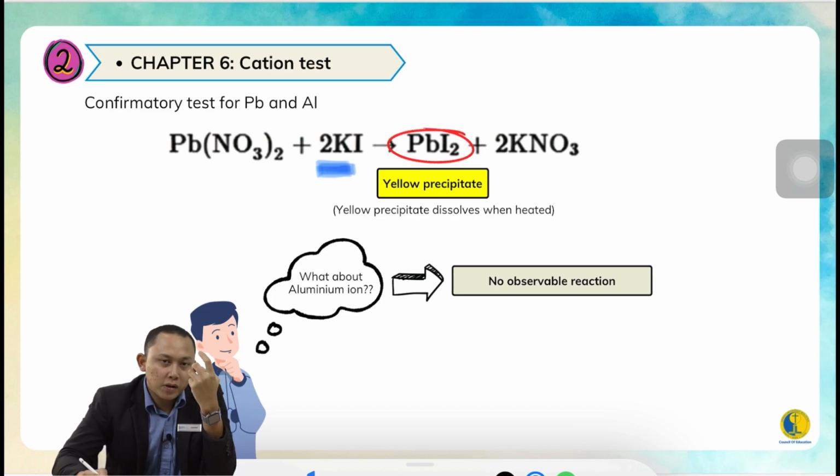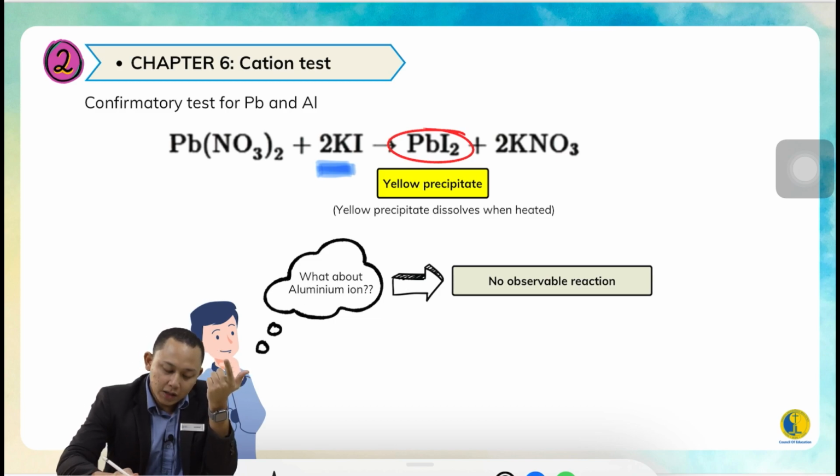Okay, so there is two observation that you can get from this test, which is, it's either you get the yellow precipitate or you get clear solution, which is nothing happened. So if you get a yellow precipitate, it indicating that your unknown salt contains a lead ion.